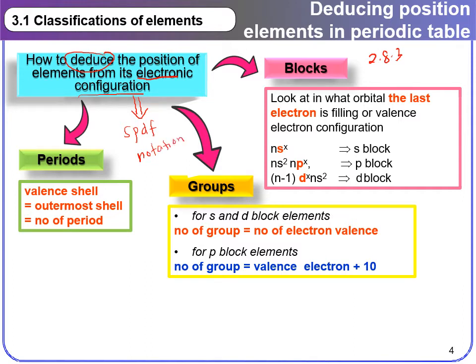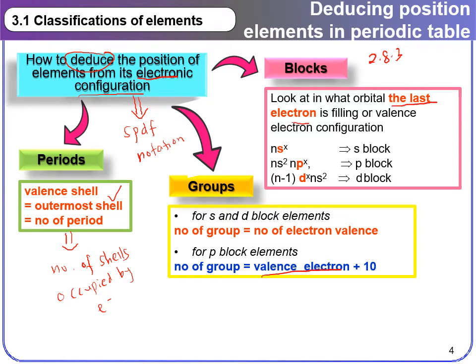Still the same: period represents the number of shells occupied by electrons, while group is the number of valence electrons. For the block, we look at the last electron filled into which orbital.